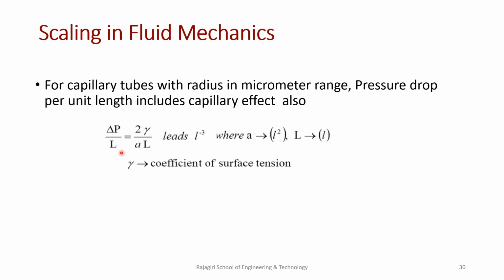So delta P by L can be calculated as equal to 2 gamma by a into L. So this leads to a being proportional to L, and the area of cross section being proportional to L square, and L is the length of the tube, which is proportional to L. So this will lead to delta P by L being proportional to L raised to minus 3. Gamma is the coefficient of surface tension, which is not dependent on the linear dimension.